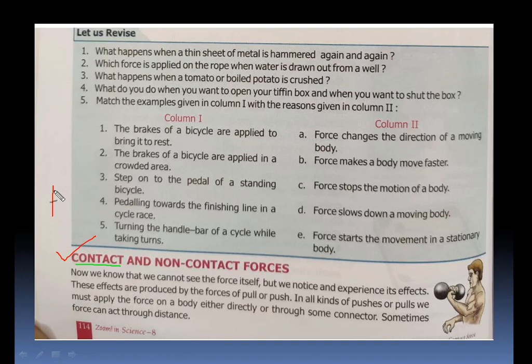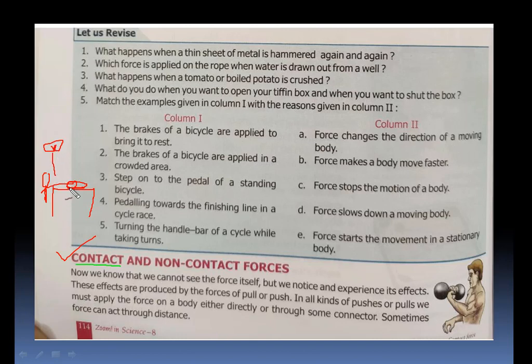It means, suppose this is a table. On the table, there is a book. So you want to bring the book from here to this position, somewhere else. So what you will do, you will go here, you take the book, then you go here and keep it here.